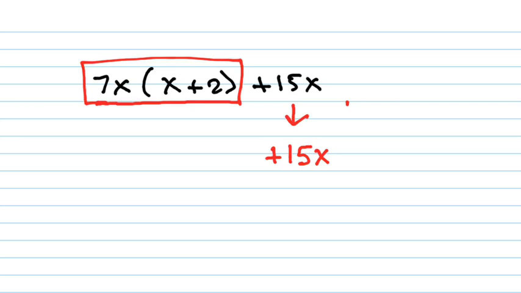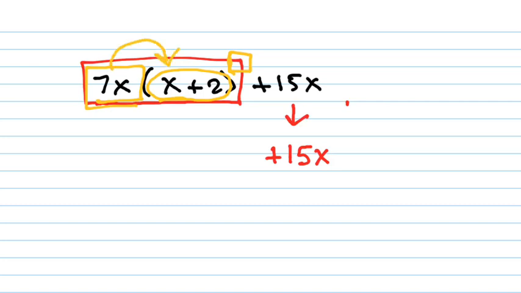Where do I look first? The inside. Okay? So, inside the bracket I have x plus 2. Can I add an x and a 2? No. Is there an exponent on the bracket? No. Is there a coefficient or a multiplier? Yes. So the coefficient is positive 7x, so I have to take it times everything inside.